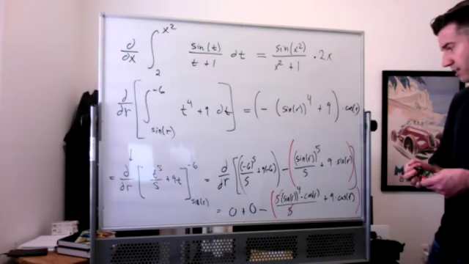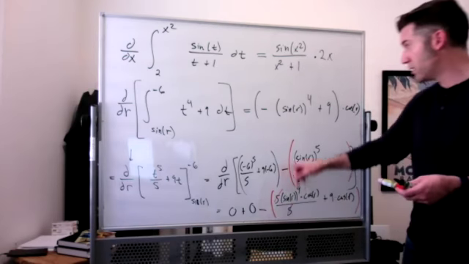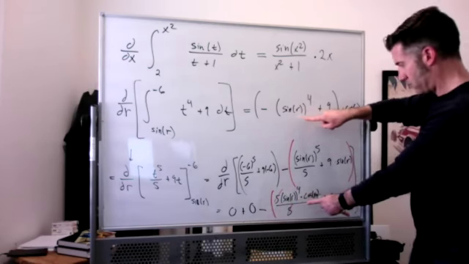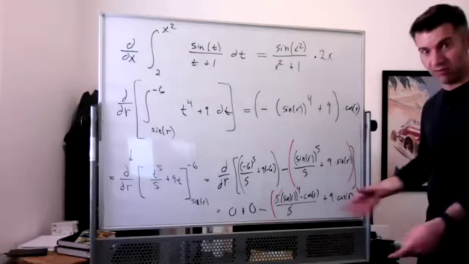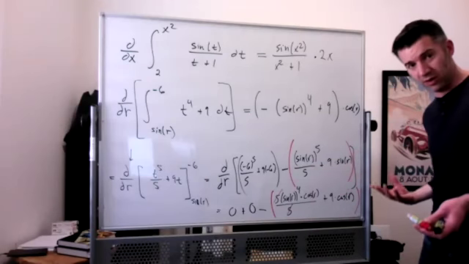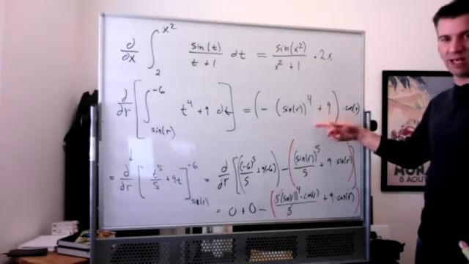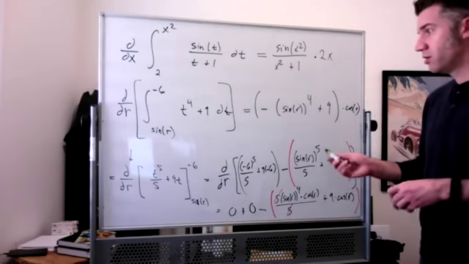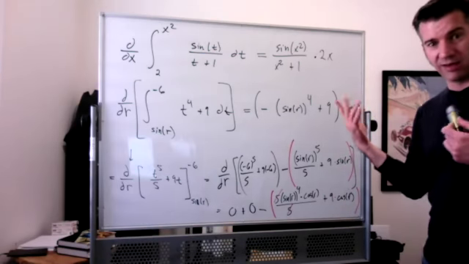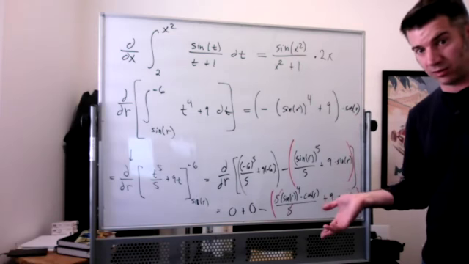And look what I've got. I've got negative sine to the 4th plus 9, and then all times cosine. You could factor the cosine. So this is the same as that, even though it looks slightly different. So questions about any of this first part of the fundamental theorem of calculus?